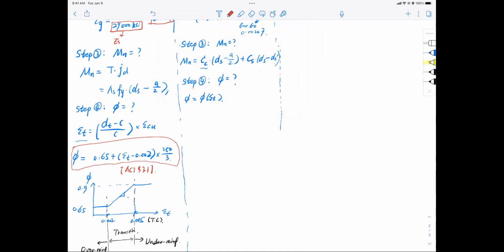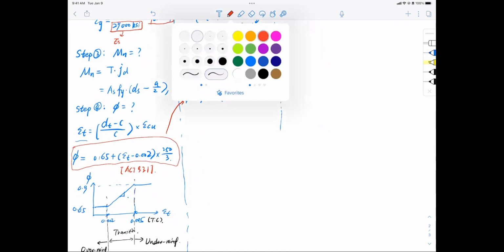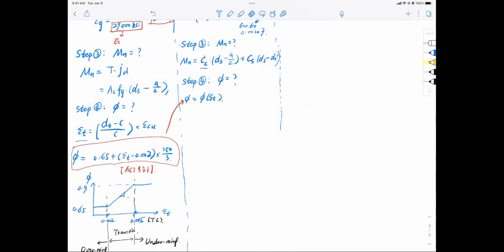I'm going to drag this equation here and use that to find my phi. And last but not least, once you have phi, step number 5: phi Mn again has to be greater than or equal to Mu, where Mu is the factored moment.